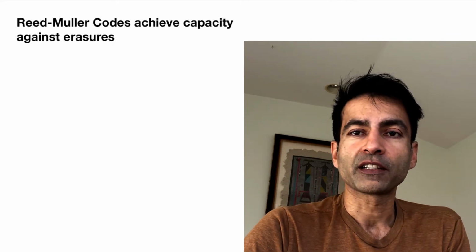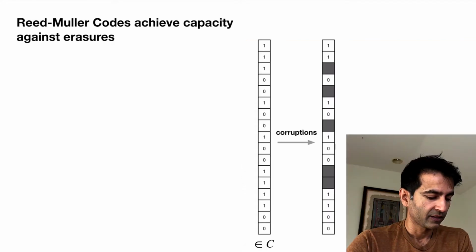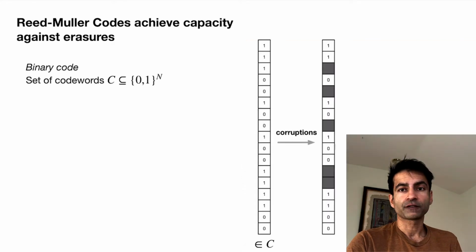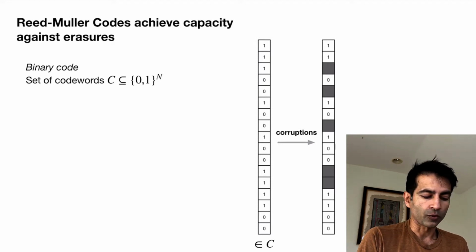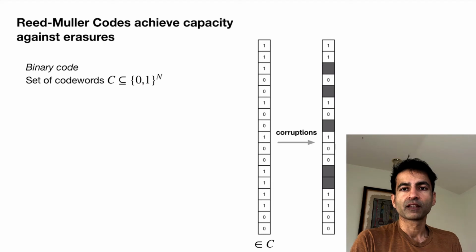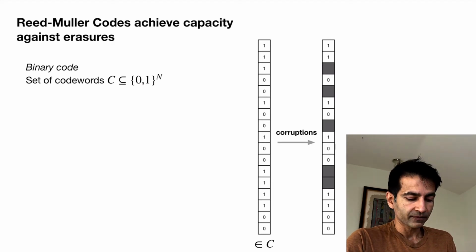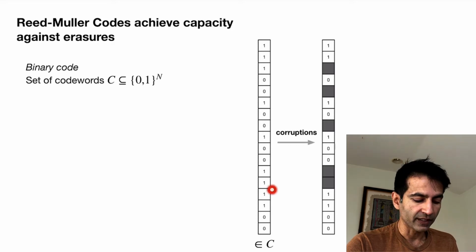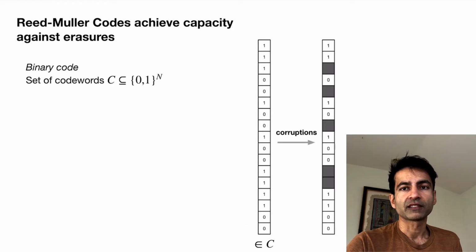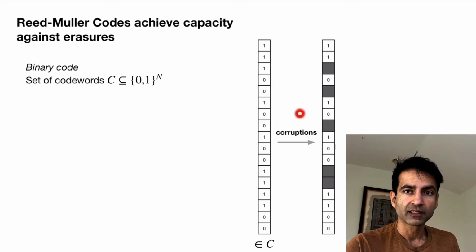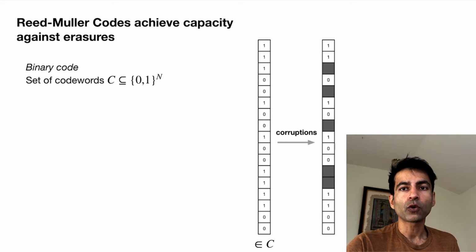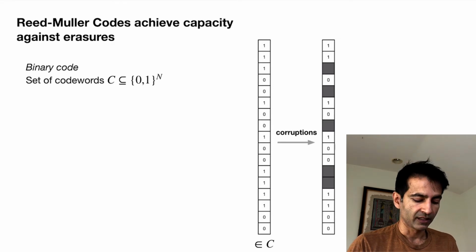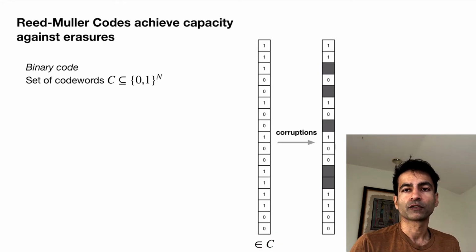So let me first start by introducing error-correcting codes. An error-correcting code is a set of binary strings, and always we'll focus on strings whose length is n, with the feature that if a sender takes one of the elements of this set, one of the strings, and sends it across a channel, and then an epsilon fraction of the coordinates of the string are erased, then the receiver can decode the intended transmission just by knowing what they receive as well as the entire set of code words.